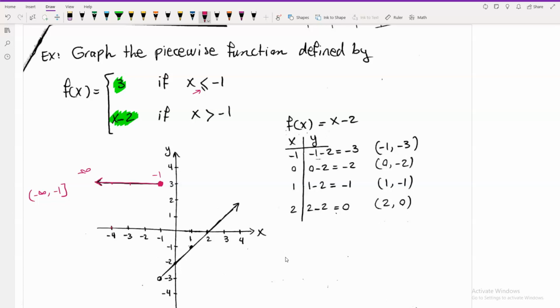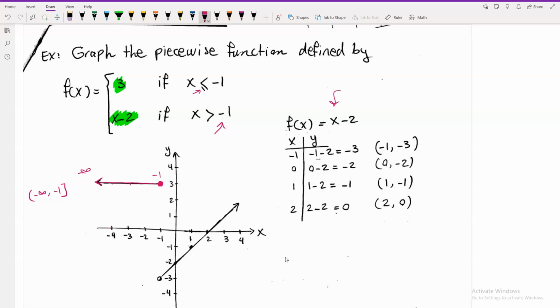Now f of x equal to x minus 2. We have to use values for x. So I'm starting with what is given here on this part, -1. So -1 and all x values that are greater than -1.